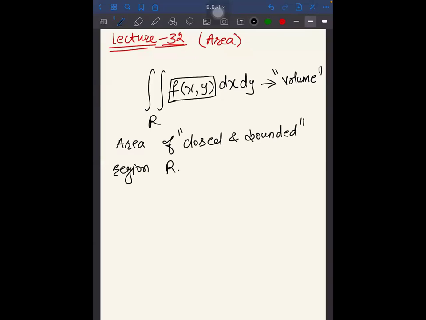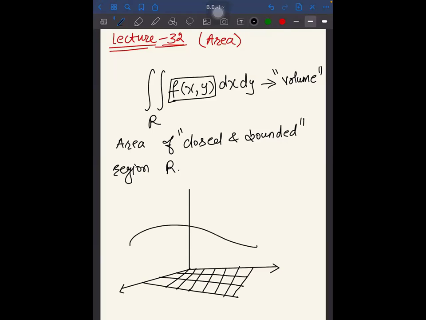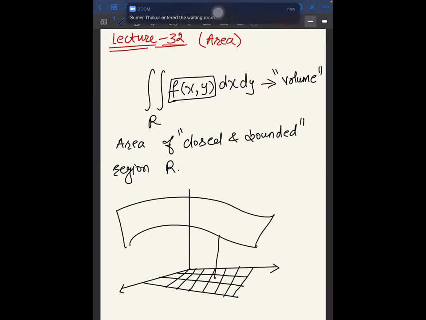This is something we have discussed. We divide the region into small rectangles, and we get the height over there. After getting the height, we have pillars over there.